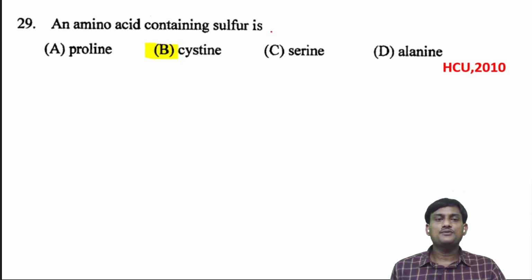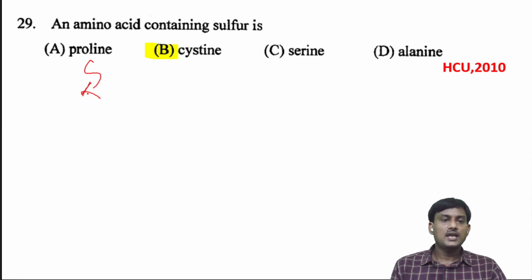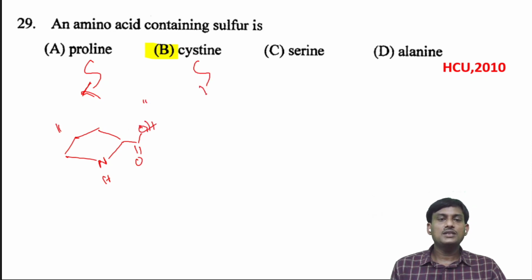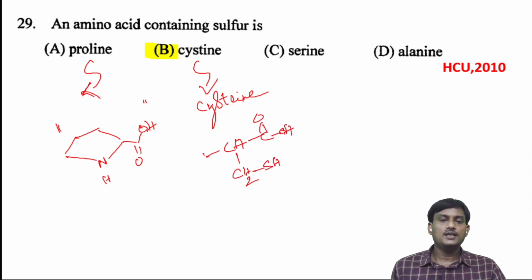An amino acid containing sulfur: proline is a secondary amino acid. This one consists of NH, here this is the CO, OH. This one consists of a pyrrolidine ring. And cystine, it's a disulfide of cysteine. In cysteine, we have CH2SH, and COOH, and NH2.